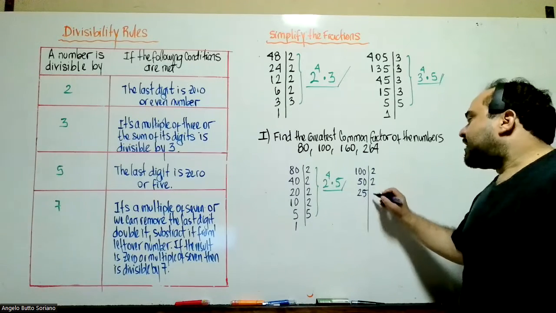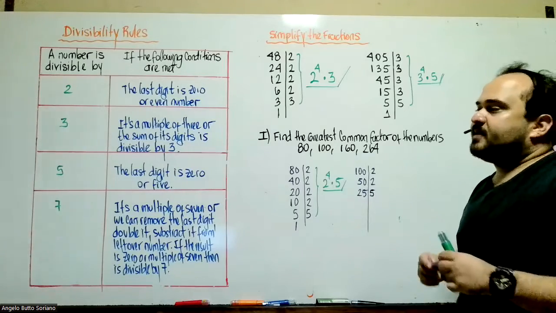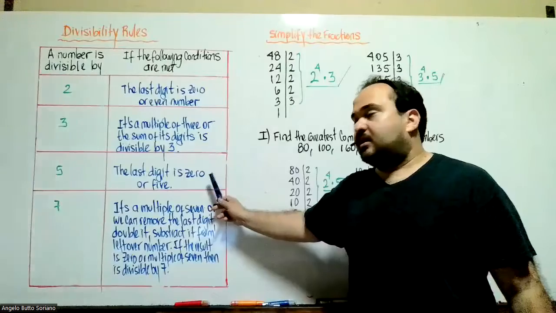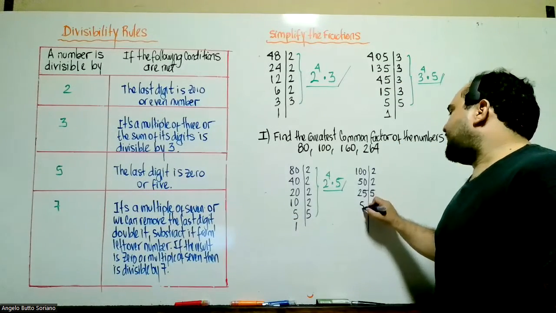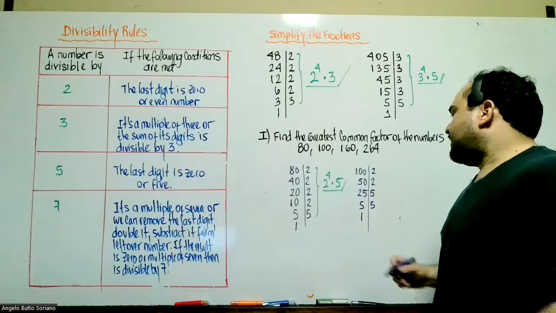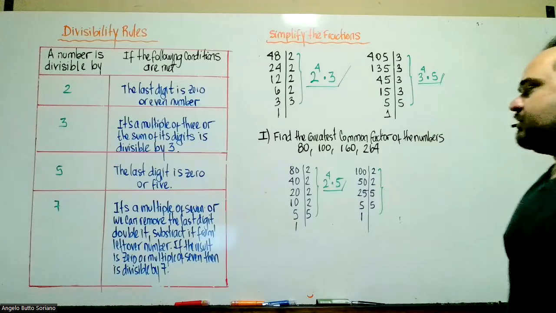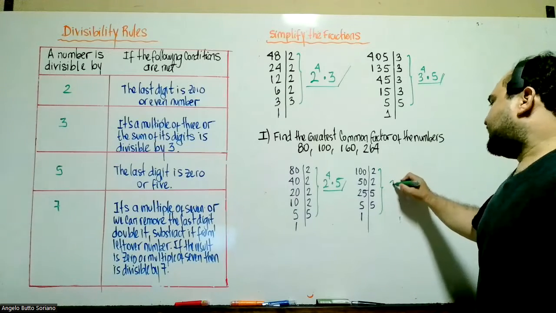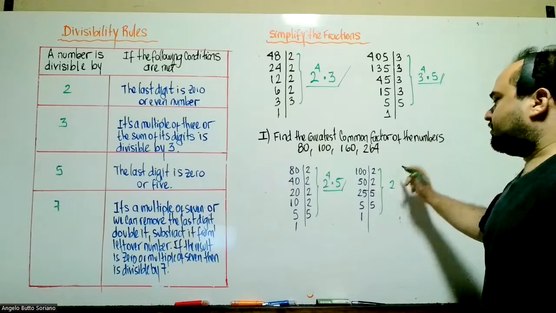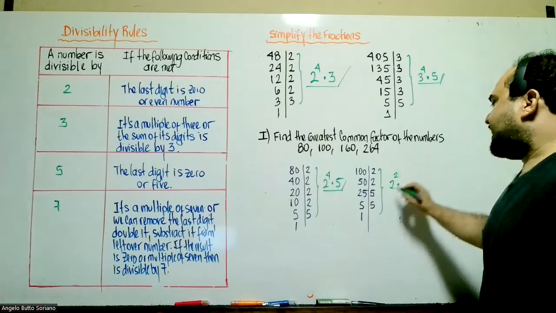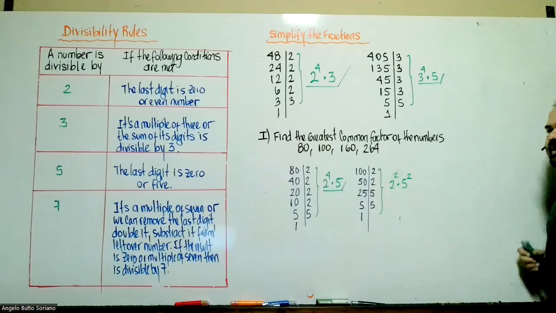So for that reason, we divide this expression by 5, because rule number 3 mentions the number can be divided by 5 if the last digit is 0 or 5. 25 divided by 5 will be 5, and 5 divided by 5 will be 1. So we simplify these expressions: 2 to the 2nd power, because it repeats twice, multiplied by 5 to the 2nd power, because it repeats twice.